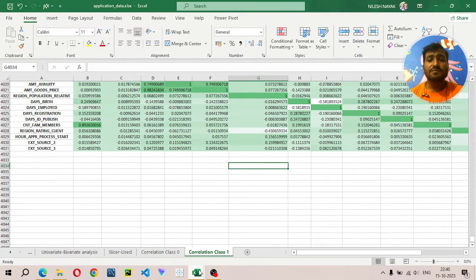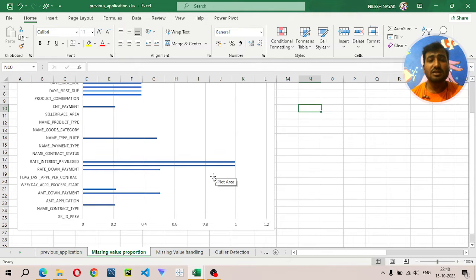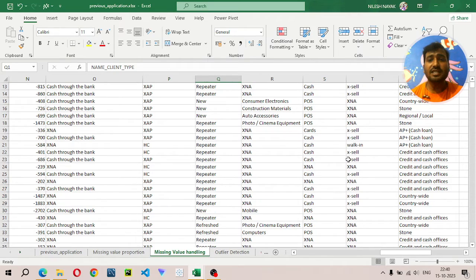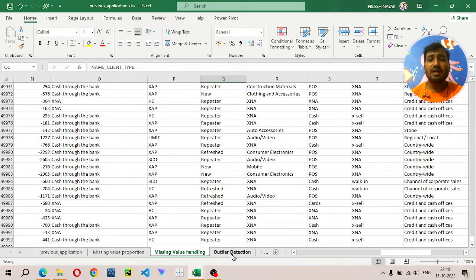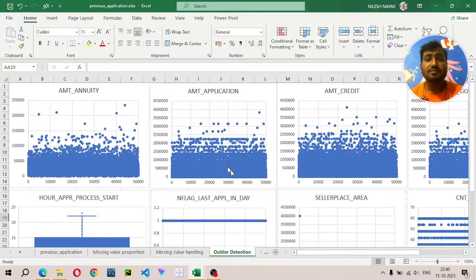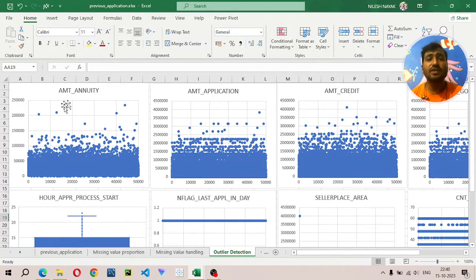Now the same thing has been performed on the previous application data. Here also the missing value proportion has been shown. The same concept has been applied. After missing value handling, we got this cleaned data and imputed data. After that, we performed the same outlier detection. Here we have amount annuity.